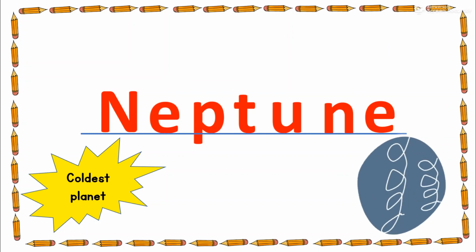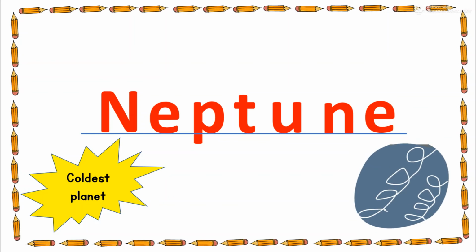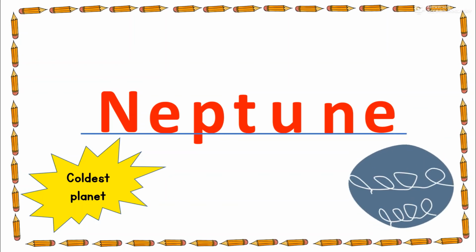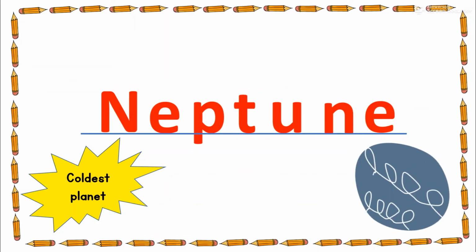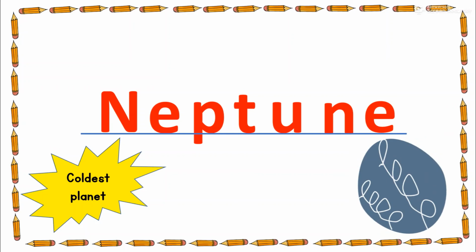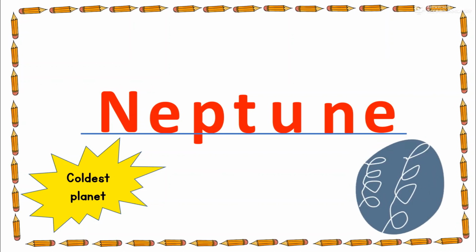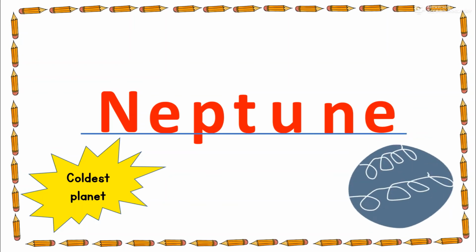Okay. And it is the coldest planet because it is very far away from the sun. It is also called the blue planet because this planet is made up of gases, and these are blue in color. So sometimes we also call it the blue planet.